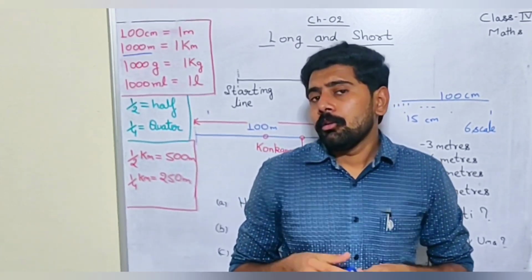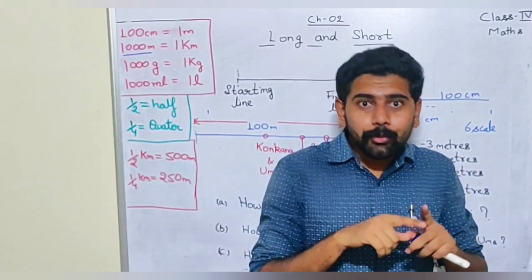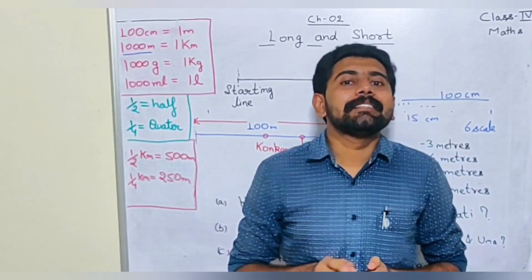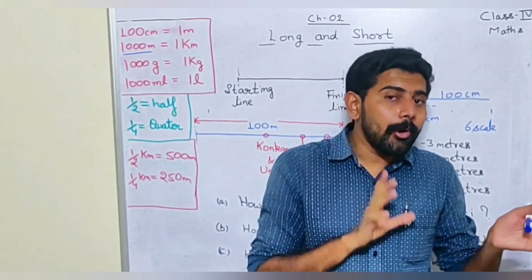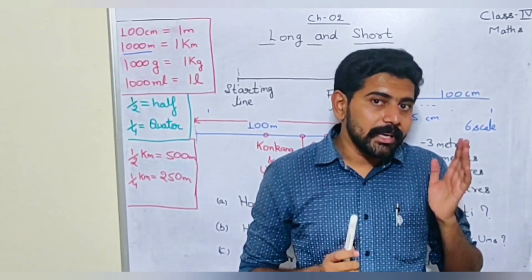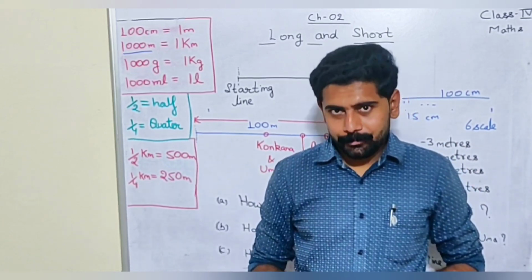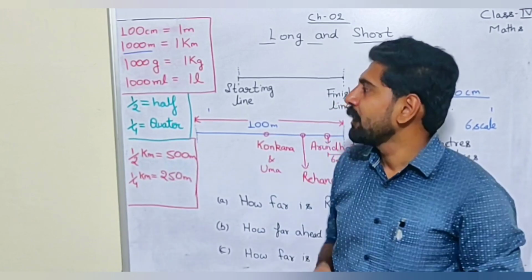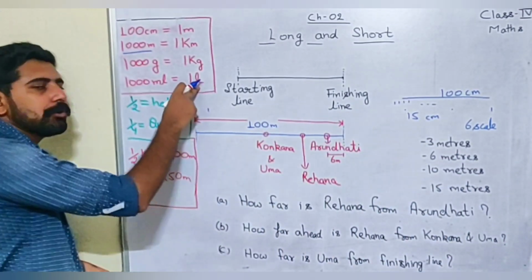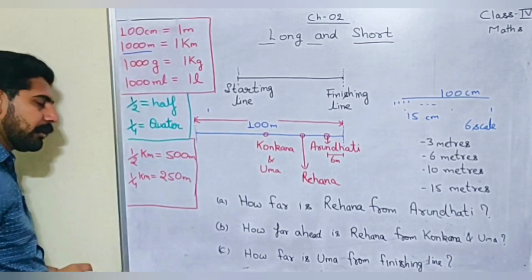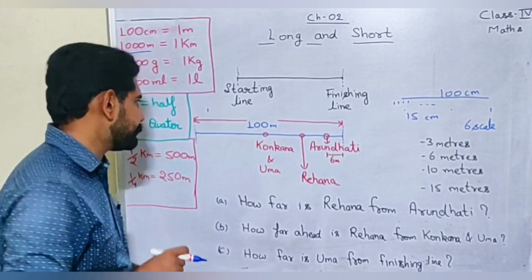We use liters or milliliters for these liquid quantities. Like we also bring a packet of oil or a bottle of oil, that also denotes 1 liter of oil. Yes? Okay. That means 1000 ml is equal to 1 liter.